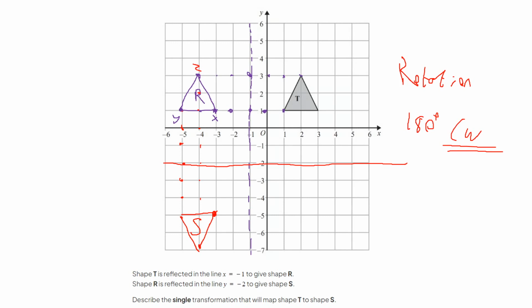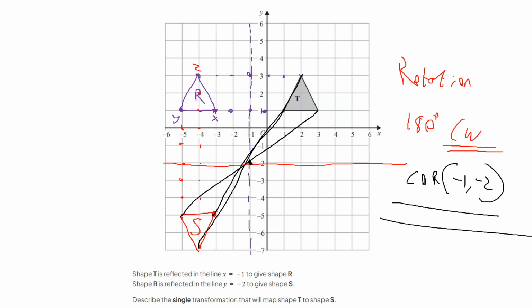Because it's 180 degrees, all we need to do is just connect the lines. Sorry, that was a terrible line. Let me draw that again. Alright, and then finally there. Alright, so we can see that the center of rotation is -1, -2. And that's our final answer.